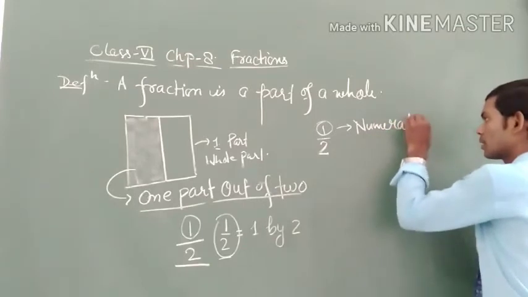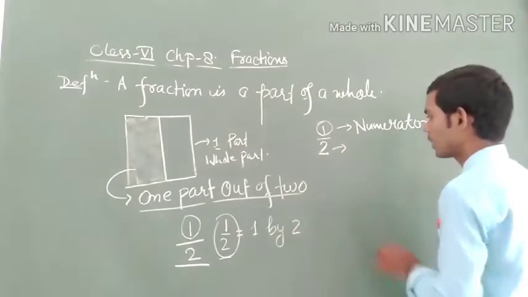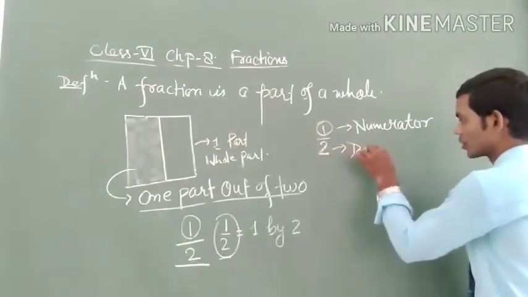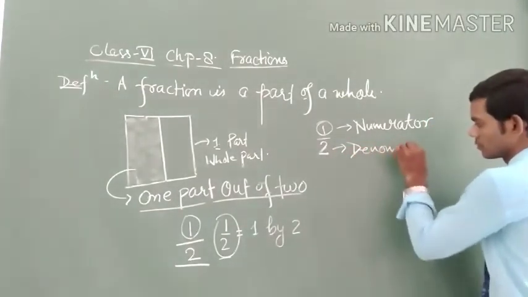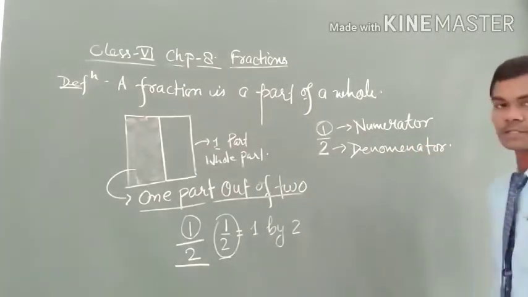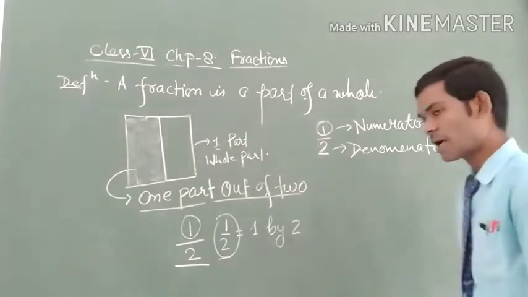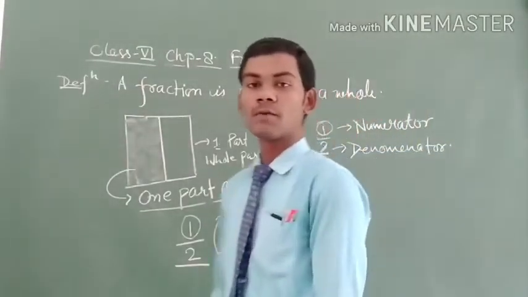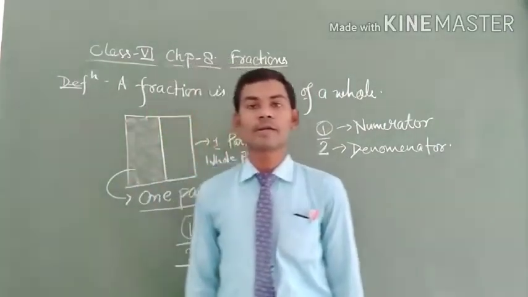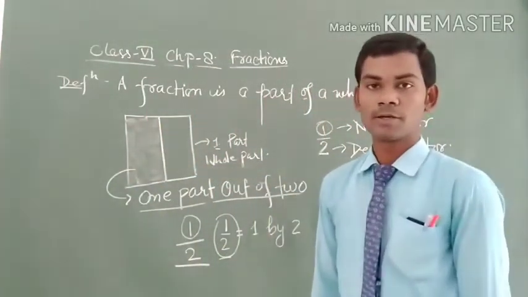The upper part is known as the numerator, and the lower part is called the denominator of the fraction. Okay, so here we can say that a fraction has two parts. One part is called the numerator and the other part is known as the denominator.